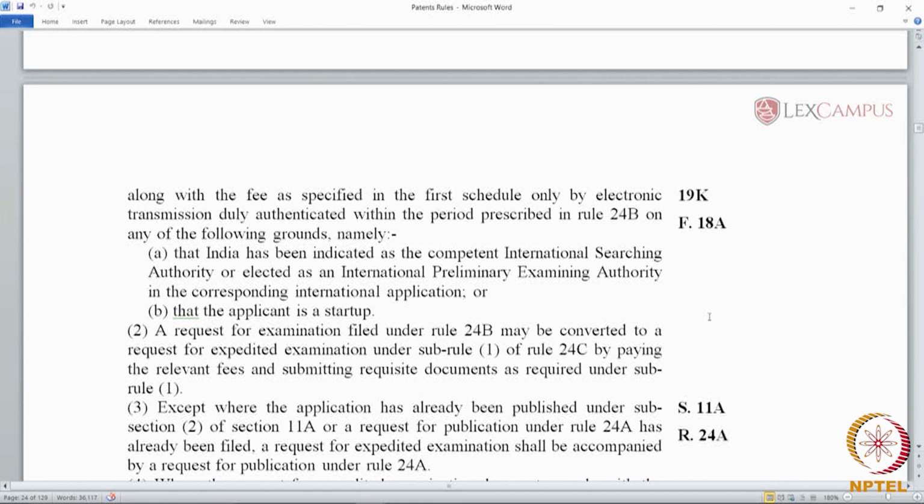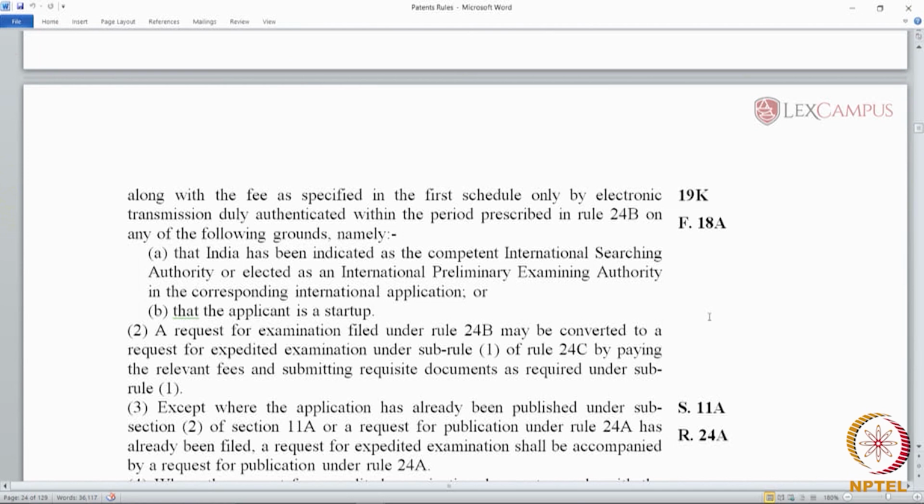For you to make a request for an expedited examination, you need to file an international application. In the absence of filing an international application, category A will not be open to an applicant. So, it is mandatory that before filing Form 18A, you have first filed an international application and have chosen India as either the ISA, the International Searching Authority, or the IPEA, the International Preliminary Examining Authority.